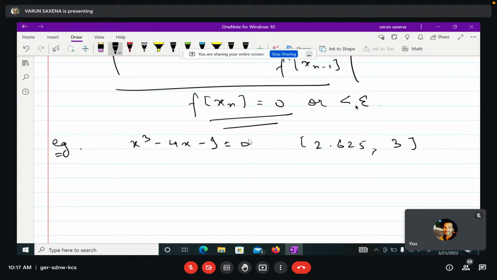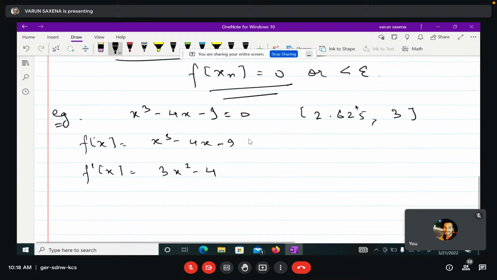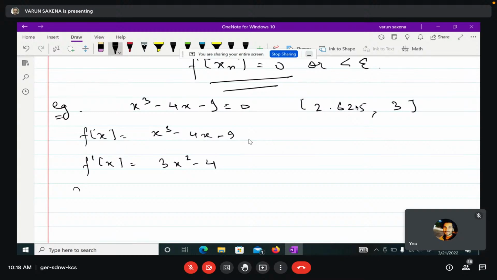So let's proceed. Let's say f(x) of course is x cube minus 4x minus 9. Then f'(x) is 3x square minus 4. Now let us assume that the initial assumption is 2.9.